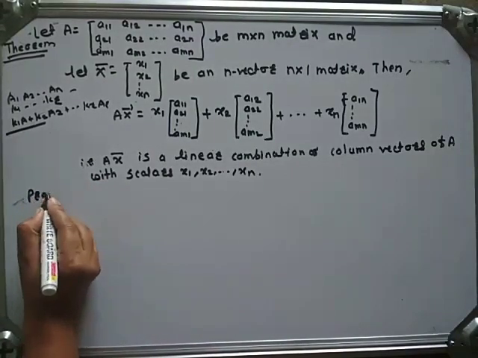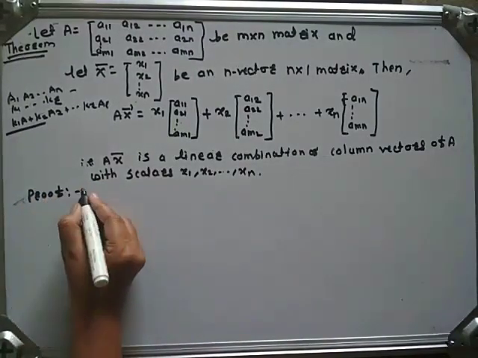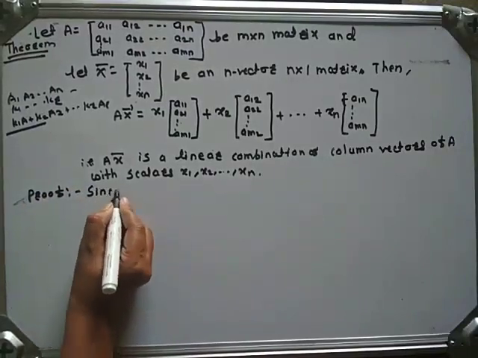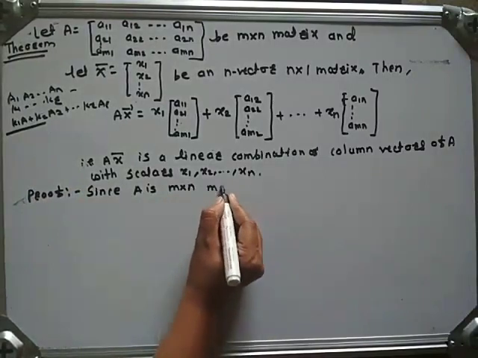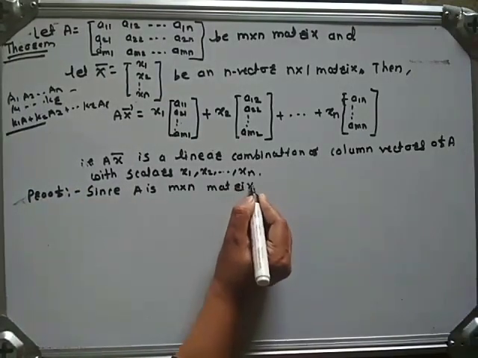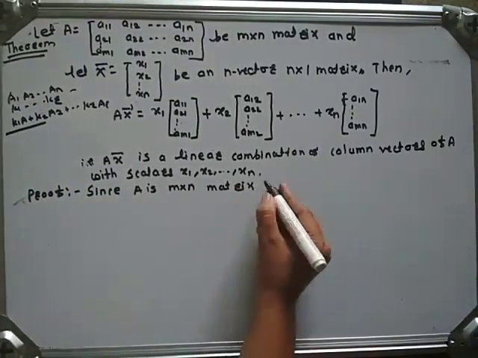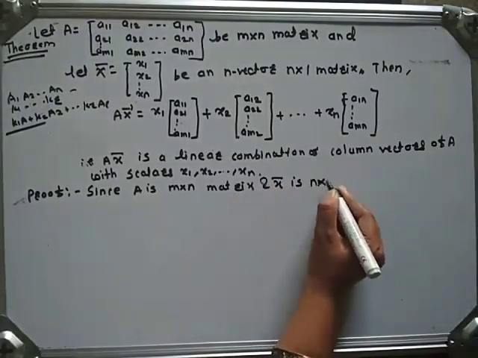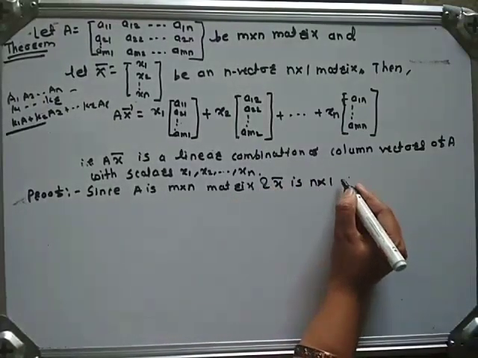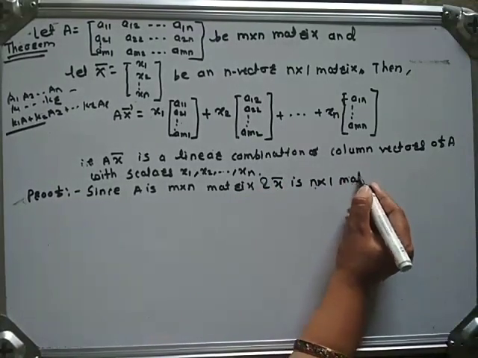Let us see the proof. Here, A is an m by n matrix, and x bar is an n by 1 matrix.